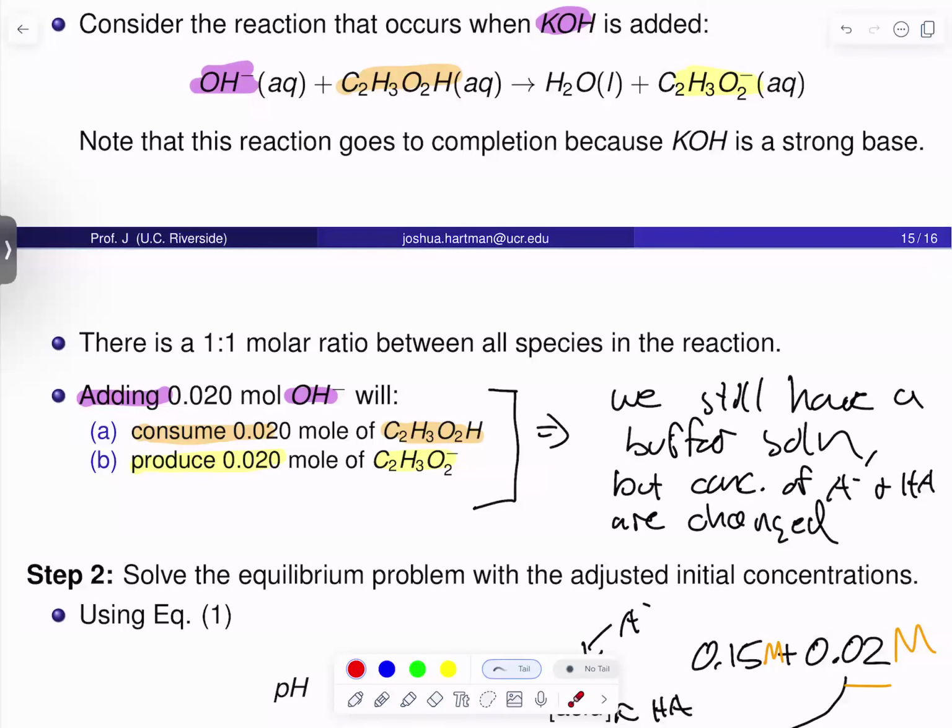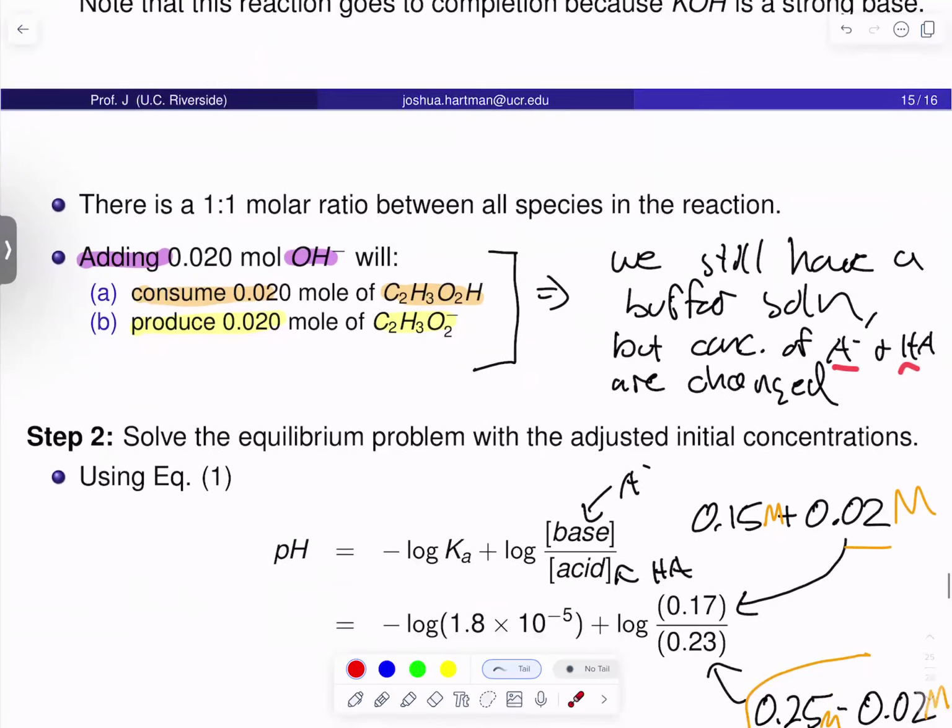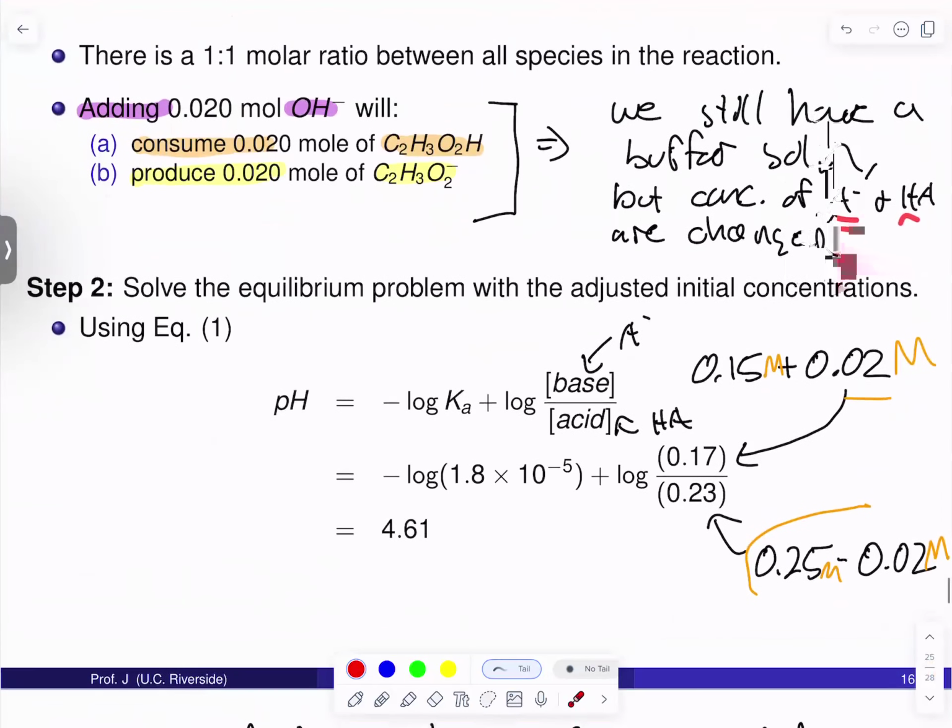Notice that we're still going to have a buffer solution, but we've changed the concentrations of our weak acid and conjugate base. And so these new concentrations of weak acid and conjugate base are what we need to use in step 2 to solve the equilibrium problem.